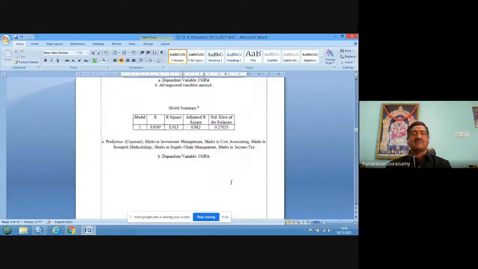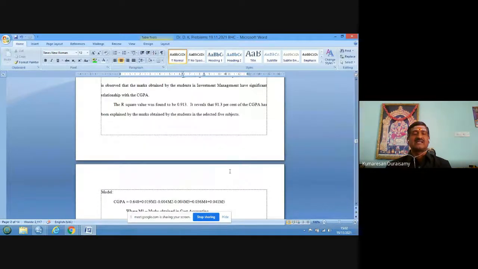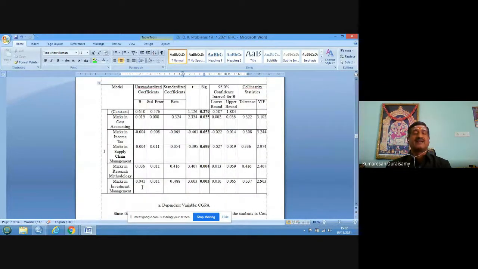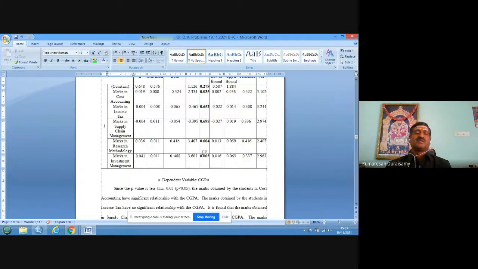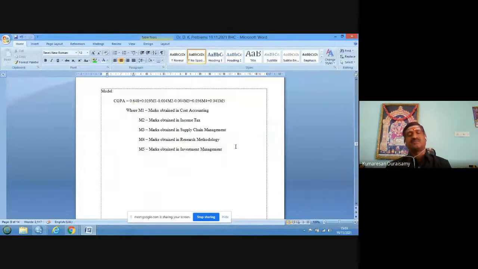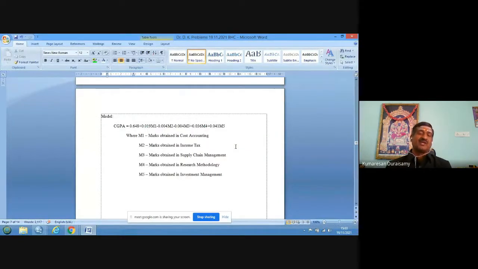Since we have taken the same example, we have got the same results, that the most significantly influencing subject is investment management, and the least influencing subject is supply chain management. This is about regression. In simple regression, we use only one dependent and one independent. Here we have a number of independent variables and only one dependent. It is said to be multiple regression.